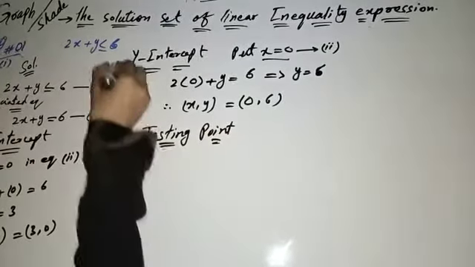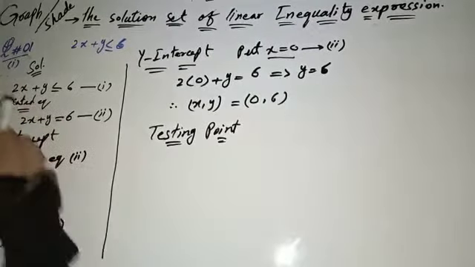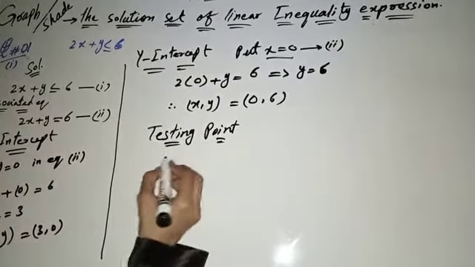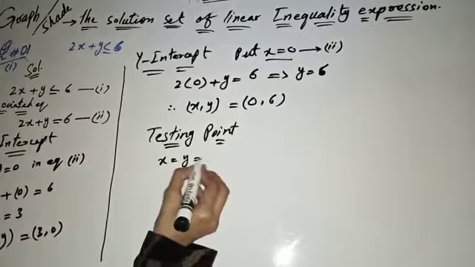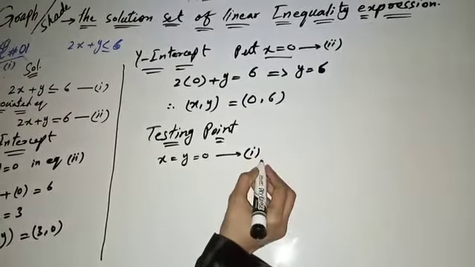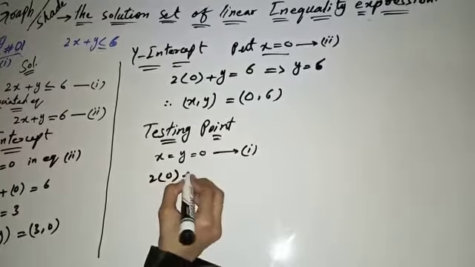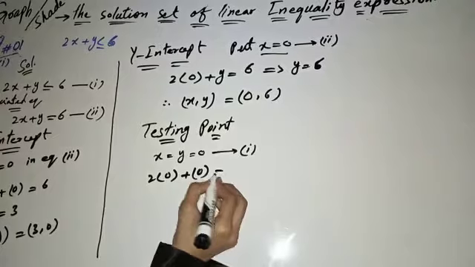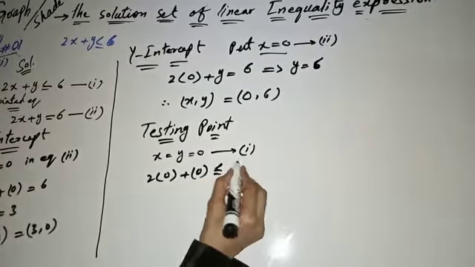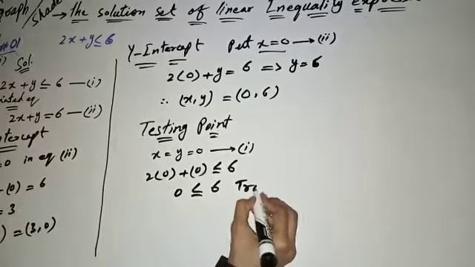Testing point. Now check whether your given linear inequality expression is true or false. For the testing point, put x equal to y equal to 0 in the given linear inequality expression, represented by the first equation: 2x plus y is less than or equal to 6. 0 is less than 6, so it is true.